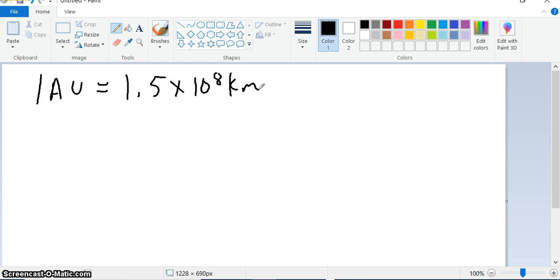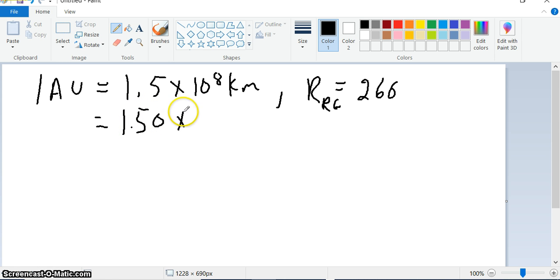Remember the radius of the red giant we just calculated. Another way to write 1 AU would be 150 million, times 10 to the 6th, which is the same number of kilometers.